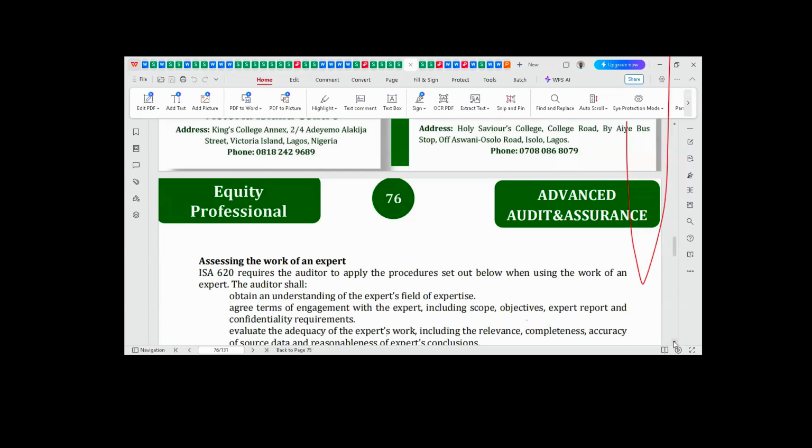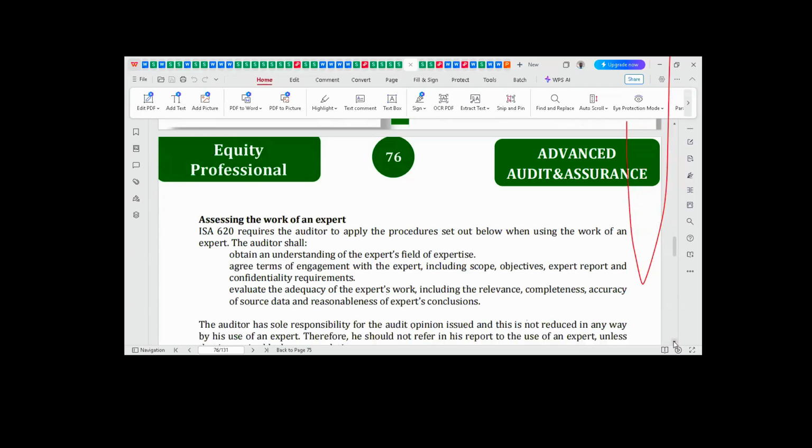Number one, the auditor shall obtain an understanding of the expert's field of expertise. So, like the example I gave about the building, the best expert the auditor can use in that instance is either a surveyor or an architect. More importantly, a surveyor. Those are people that will be able to give him or her the needed information.